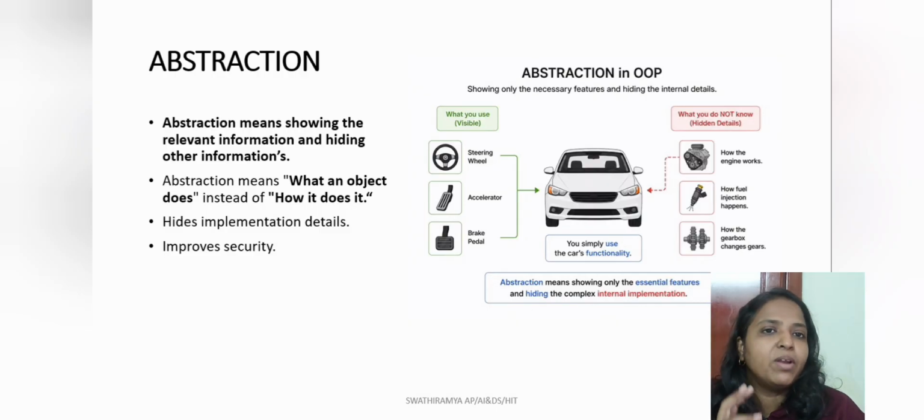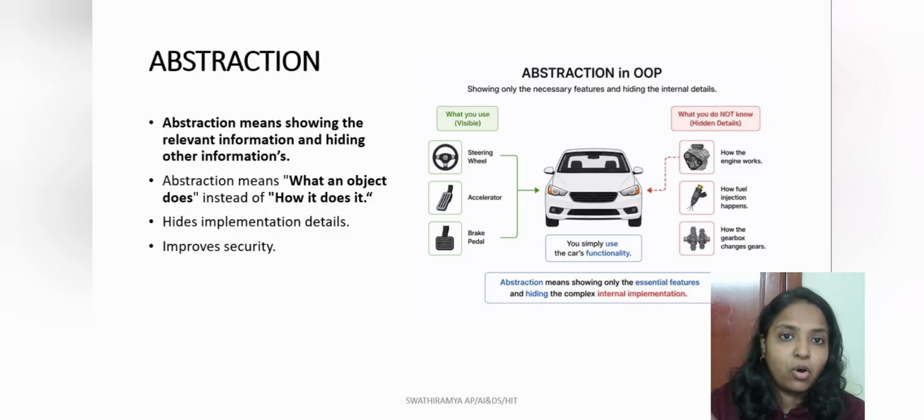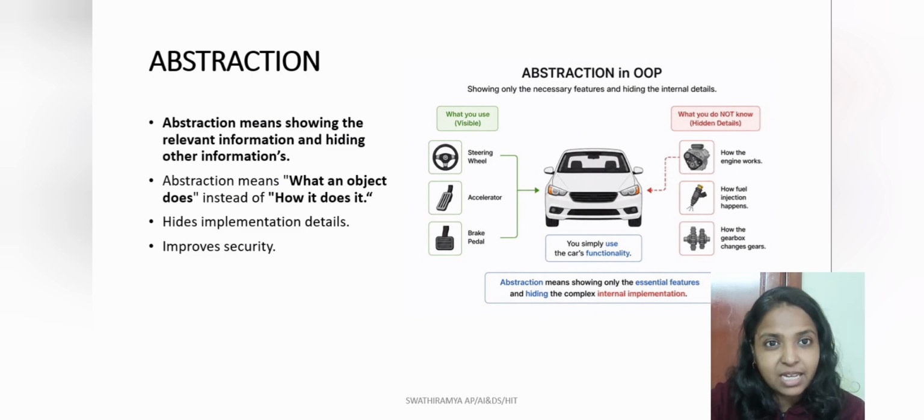For example, when we go to the ATM, we know how to insert the card, enter the PIN and select the options. We can withdraw the money, but we do not know all the internal processing that happens inside the banking system when we click withdrawal or insert the card, or what operations are happening inside the ATM machine.